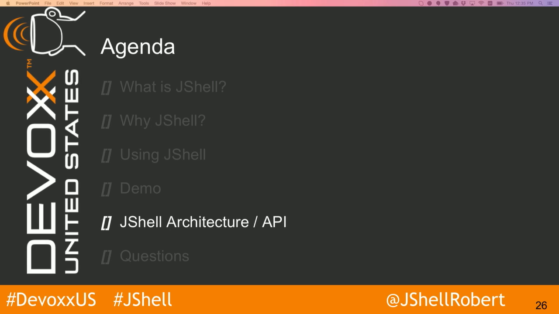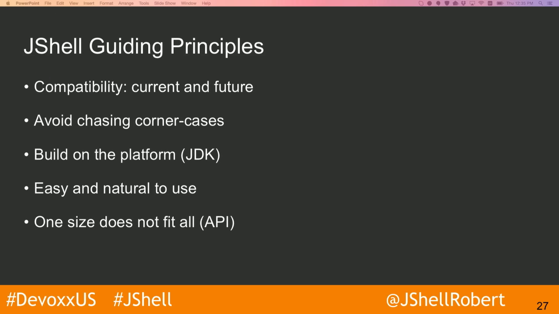Okay, now let's talk about the architecture of JShell and the API. So going into creating JShell, we knew there'd been some attempts to do this before. They'd be based on interpreters and so forth. We wanted something that was going to stay current, and we didn't want to be in some situation of chasing corner cases of going, well, ours does this, this does that.